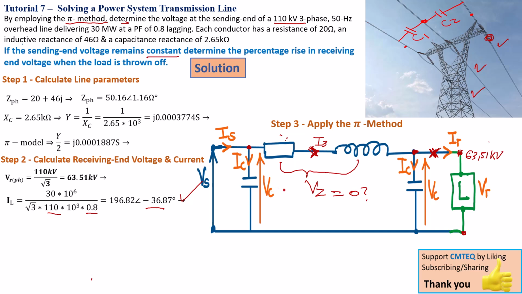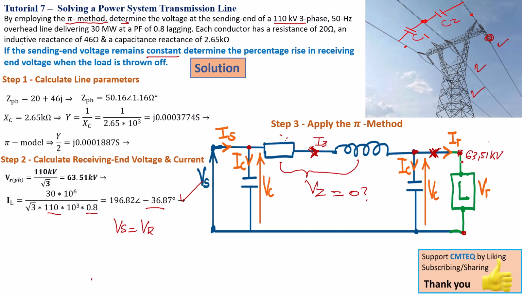That basically means the voltage at the receiving end is going to be exactly the same. So Vs is going to be equal to Vr when the switch is off. But obviously it's a receiving end voltage with the load disconnected.